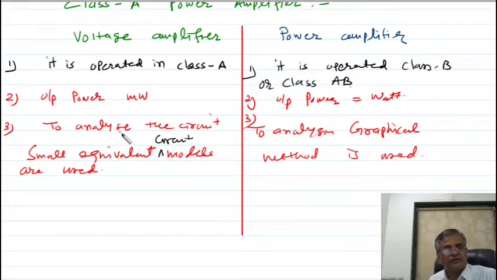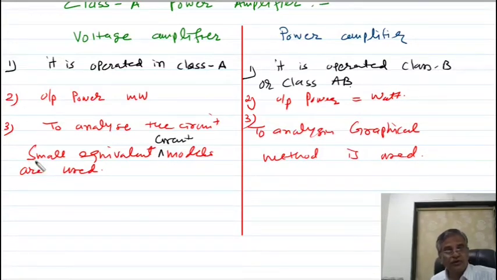Whatever parameters the circuit has, they are calculated with the help of small equivalent circuit models. Here you can use a graphical method to calculate current gain, voltage gain, power gain, input resistance, output resistance.